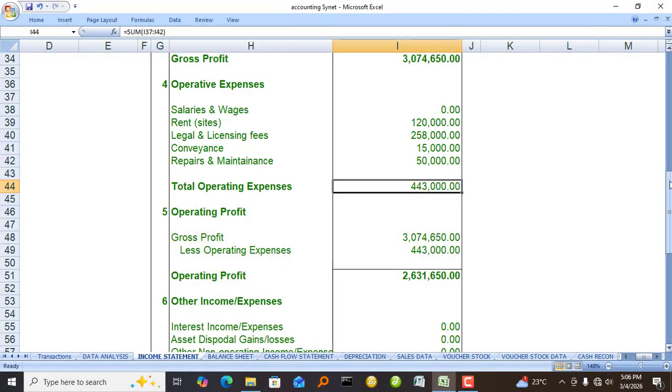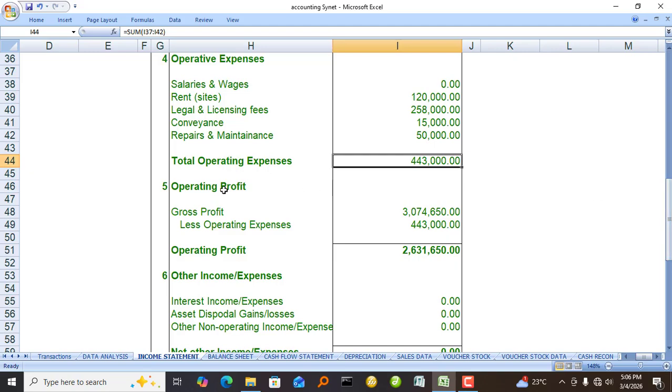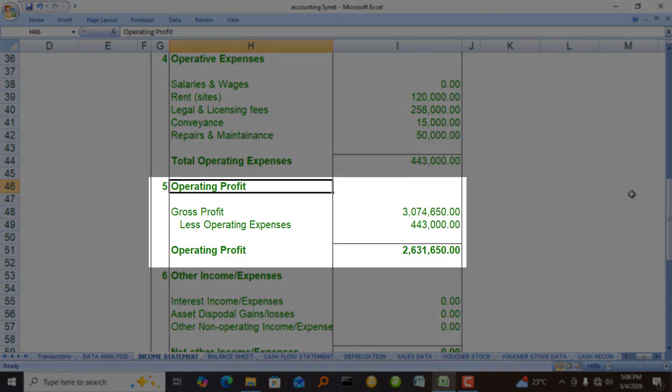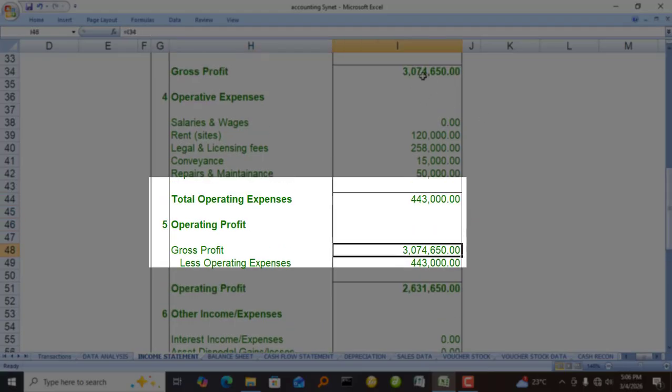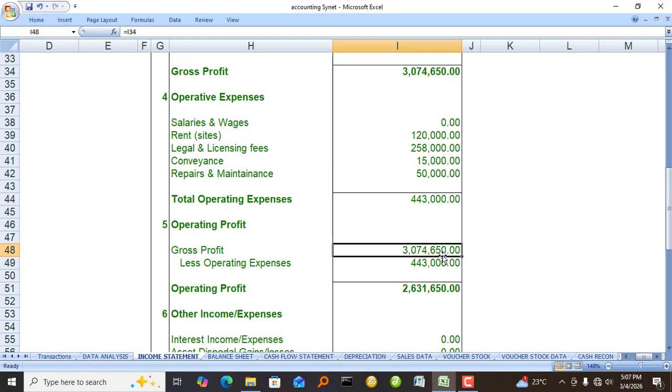And operating profit. We have the gross profit, the 3,070,000, right here. From this gross profit, we have to remove these operating expenses, the things which we have to spend on the business to operate, to get our operating profit. Remember, the gross profit was here.